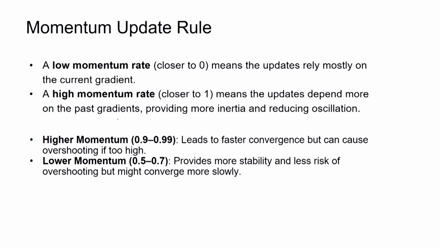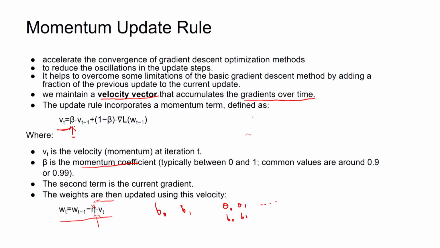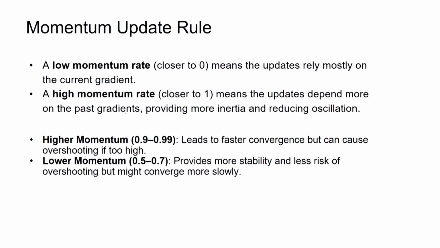If beta is close to 1, it means we are updating these model parameters depending more on the past gradients, because we give more weightage to this term. In that case, it provides more inertia and reduces oscillations.